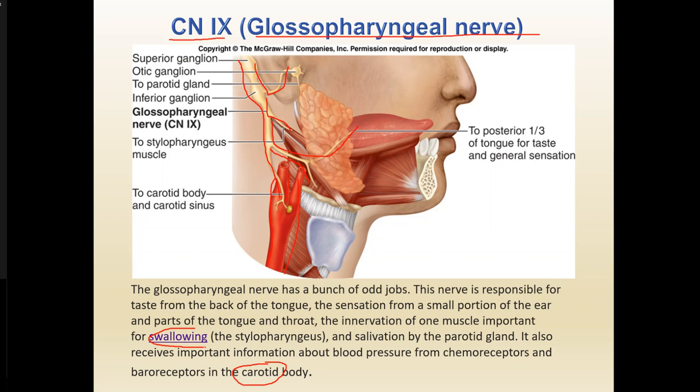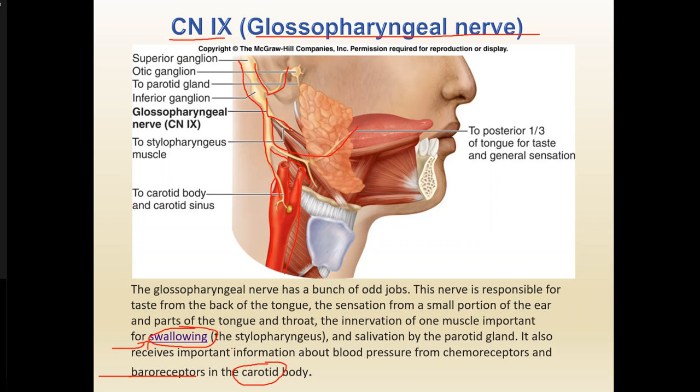So remember, miscellaneous innervation, but also the two important ones, very specific, are this for swallowing, because of innervation of a particular muscle that is involved in that function. And the baroreceptors are receptors of pressure.